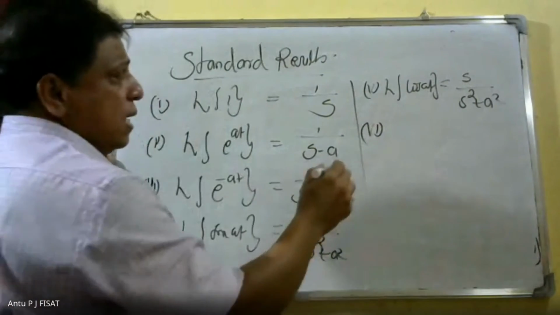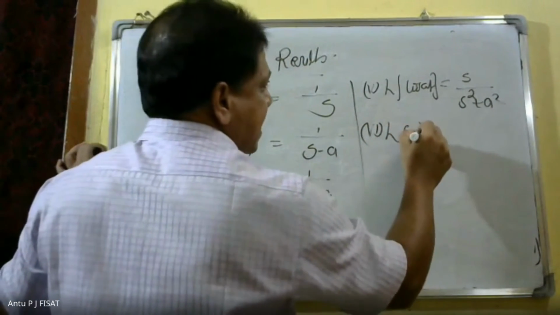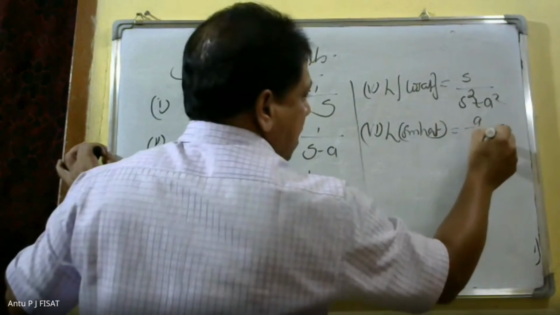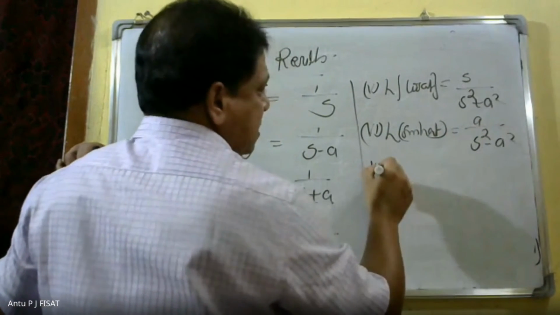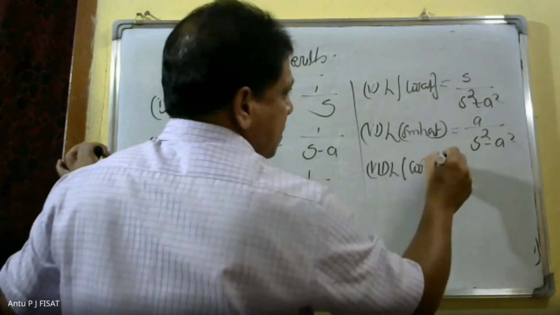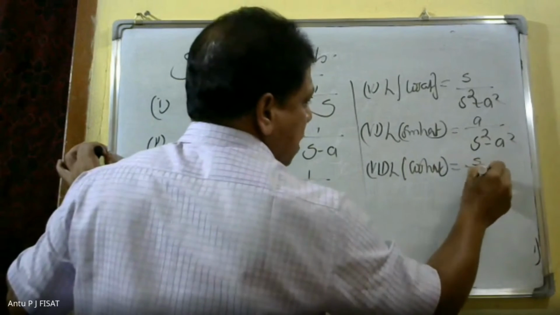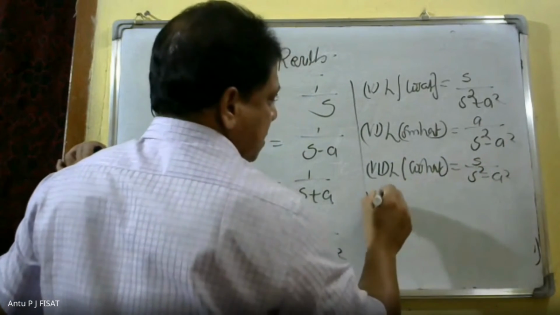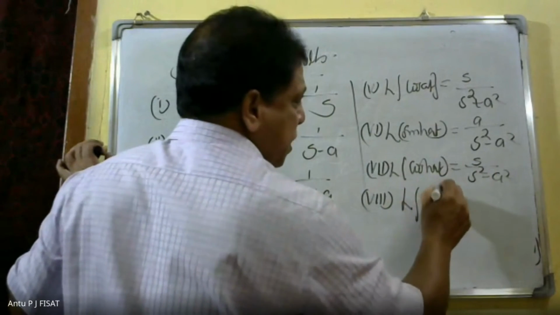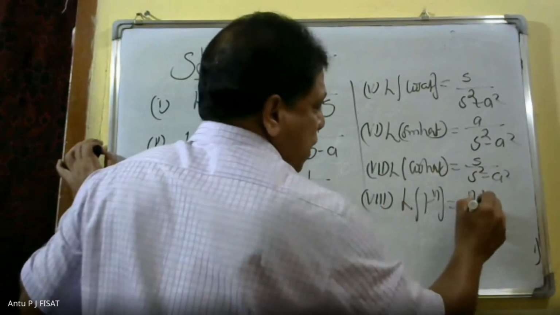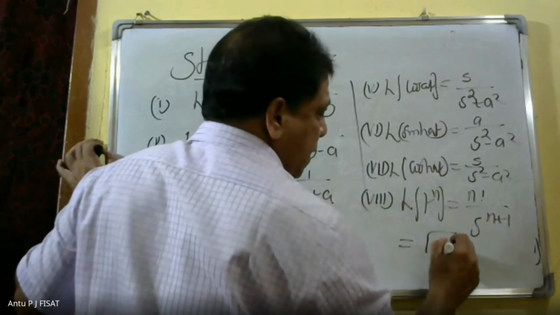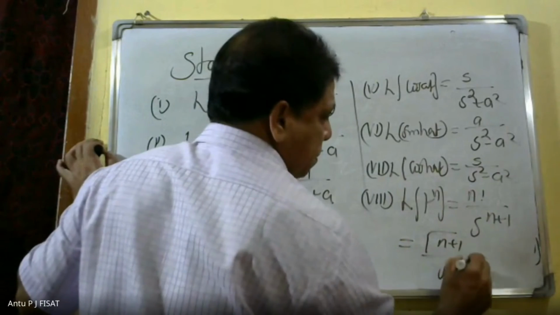Sixth result, Laplace transform of sinh at, the hyperbolic function, is a by s square minus a square. Seventh result, Laplace transform of cosh at is s by s square minus a square. Eighth result, Laplace transform of t raised to n, is n factorial by s raised to n plus 1, or gamma n plus 1 by s raised to n plus 1.